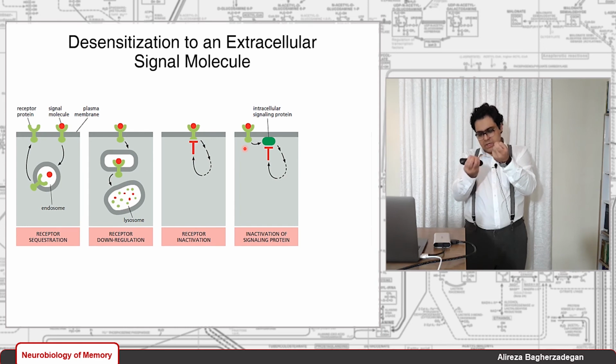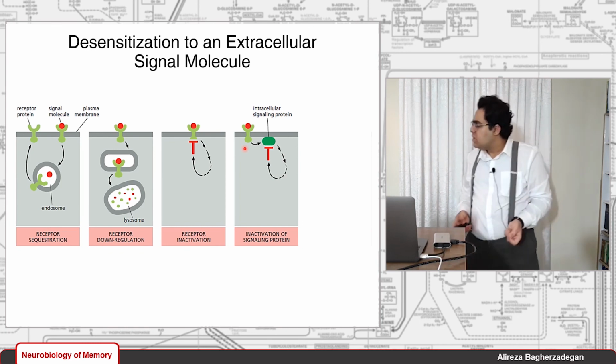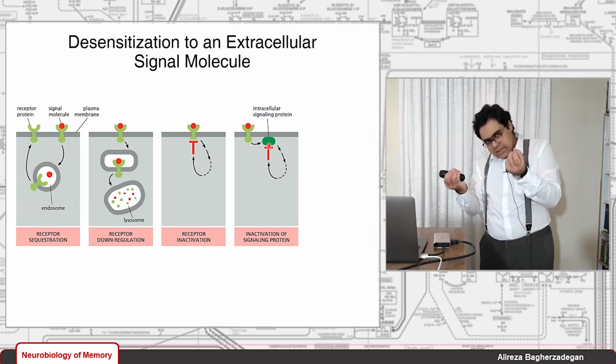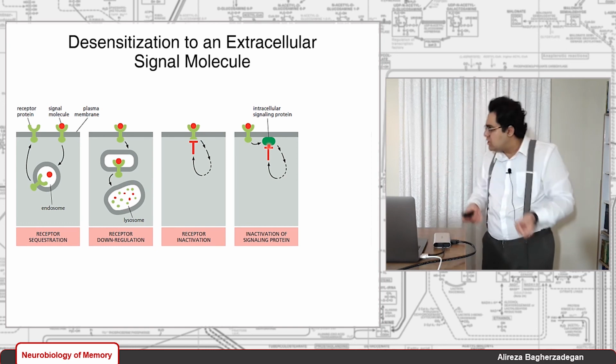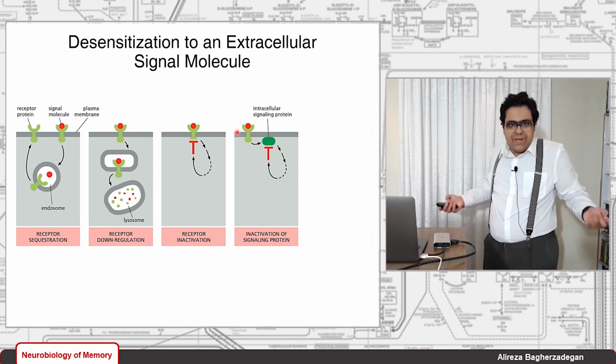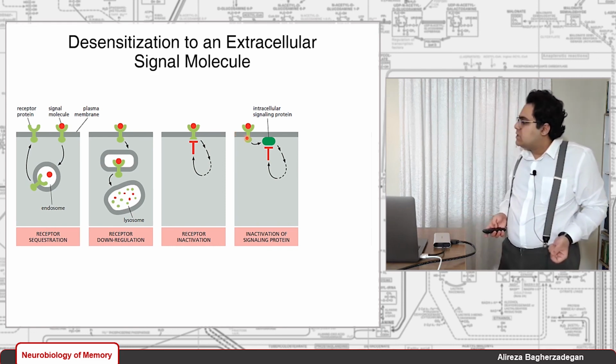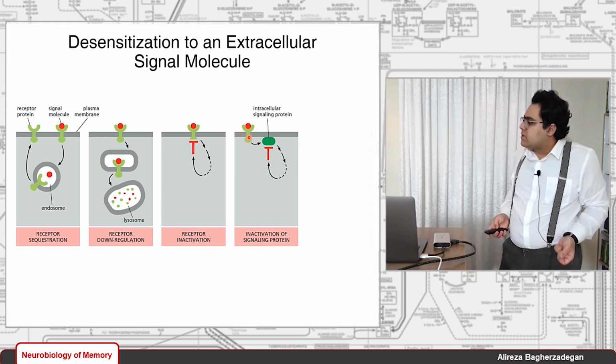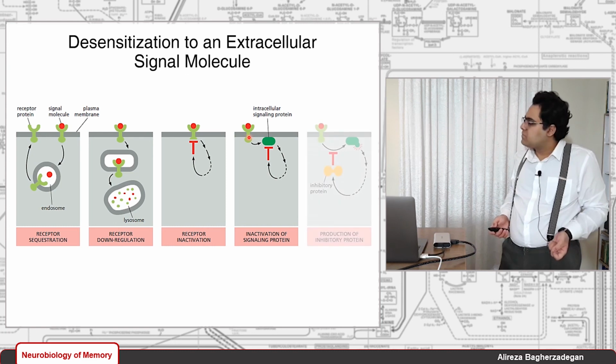The G protein goes under some conformational changes. It takes time for the G protein to get back to the G protein coupled receptor. In that period, when the G protein is detached, the G protein coupled receptor is, we can say, desensitized to a new signal.